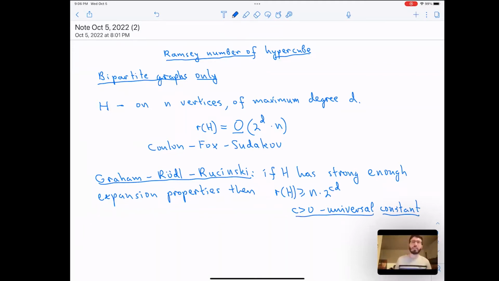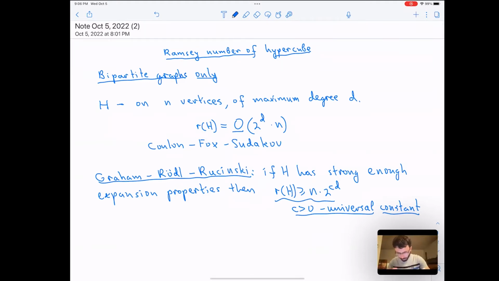Here I must say that in their paper, as far as I remember, they proved this result for a random graph, not bipartite, but their argument can be adapted to the bipartite setting. What strong enough expansion properties means is really not clear.